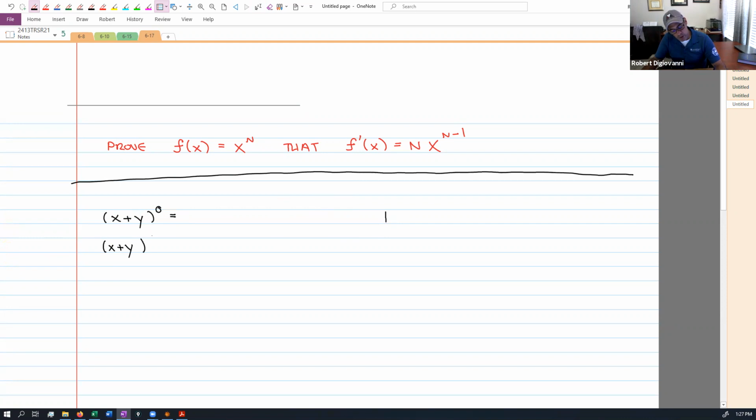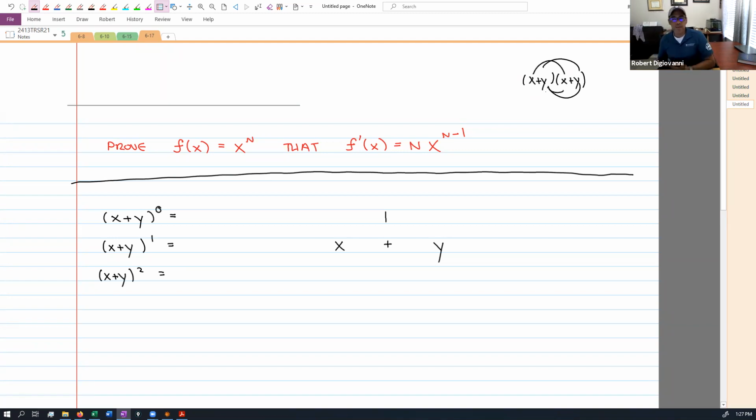What if I do x plus y to the first power? Well, anything to the first power is itself. So this would become x plus y. I'm writing it this way for a reason, okay? Now, what about x plus y squared? Well, you would have to do x plus y times x plus y, and you'd have to FOIL.